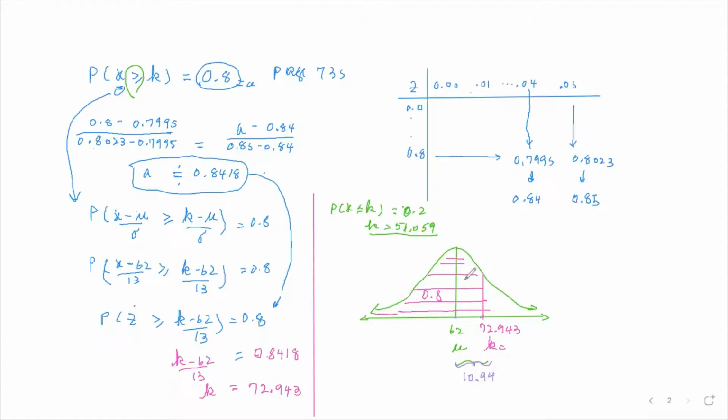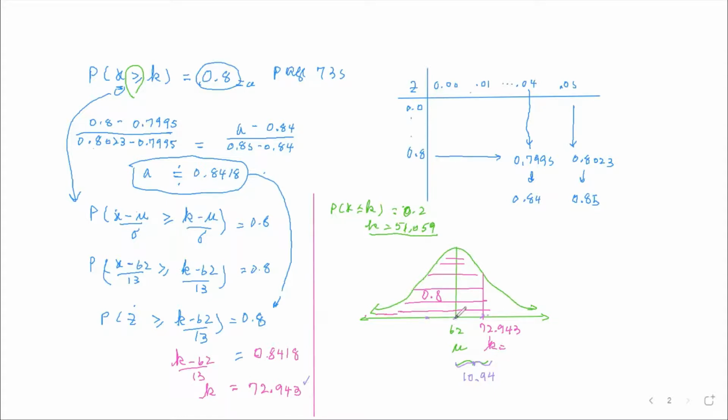But because this K we got right now, 72.943, is a higher K, and the question wants the lower one, we have to do some subtraction. Because this is a normal curve, by reflection and symmetry, the length on this side should equal the length on the other side. We want to find the lowest mark.